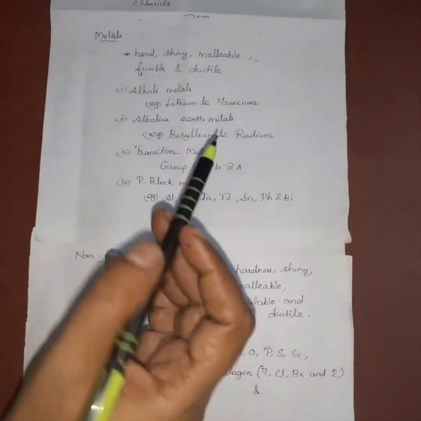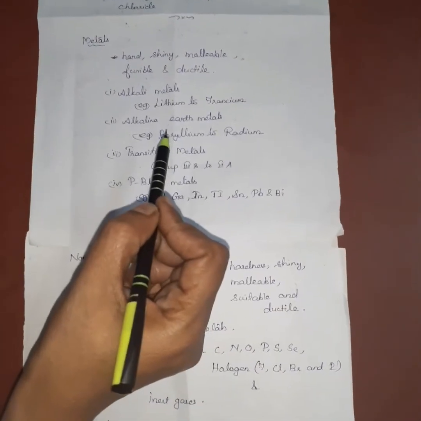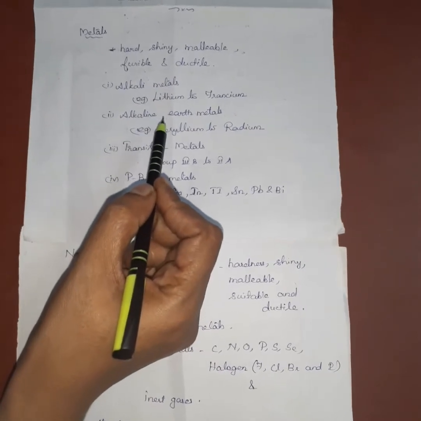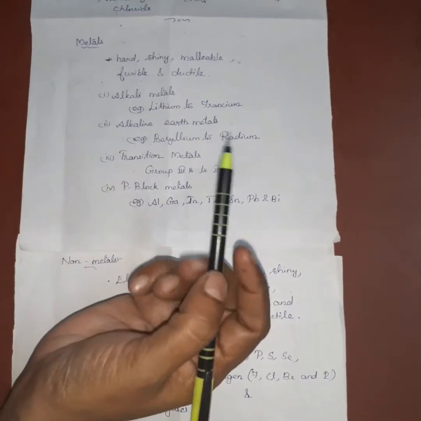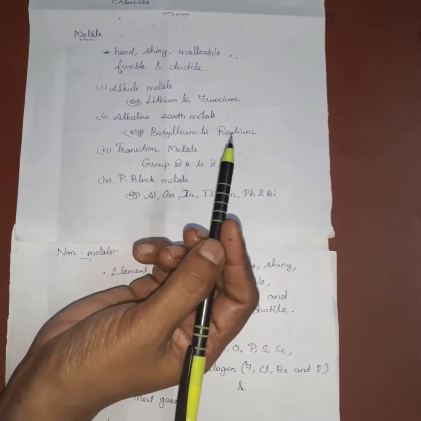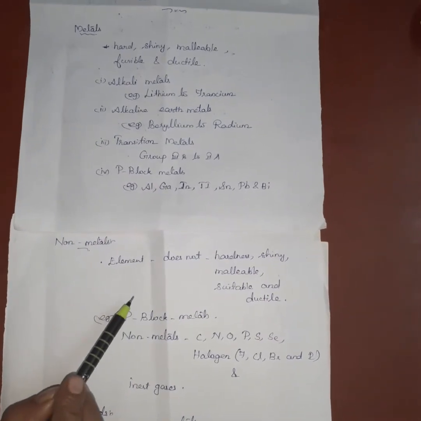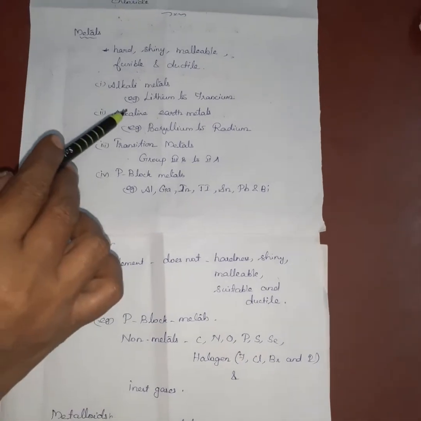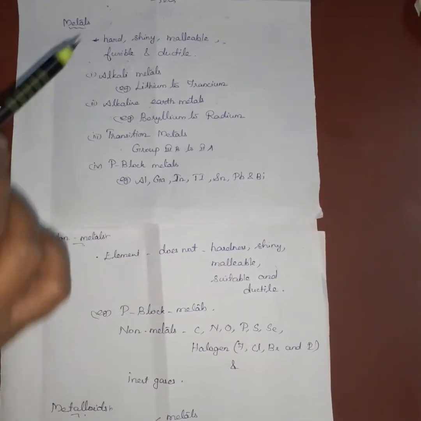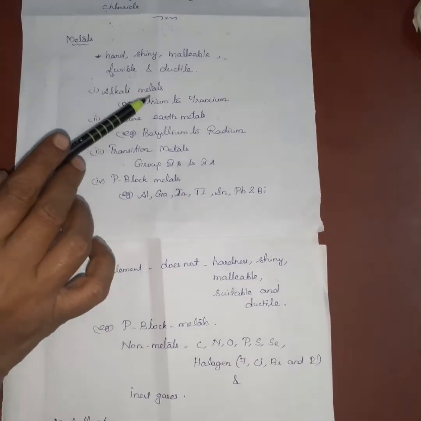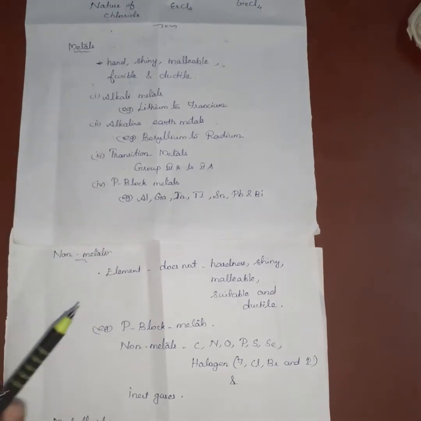What are the physical properties of metals? They occupy the larger area of the periodic table. Metals occupy the left-hand side and non-metals the right-hand side. Metals are d-block elements, polished and very hard, but non-metals are soft.